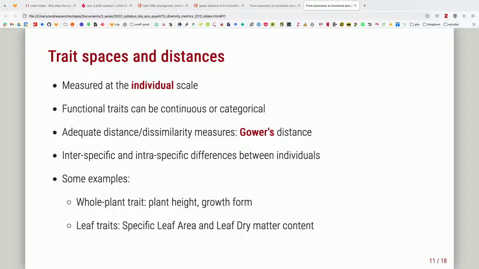Since plants are modular and can allocate in time, they can change their allocation. The leaf trait is very useful because the same plant, same species, same genetics can respond differently and have different traits in different environments, for example.